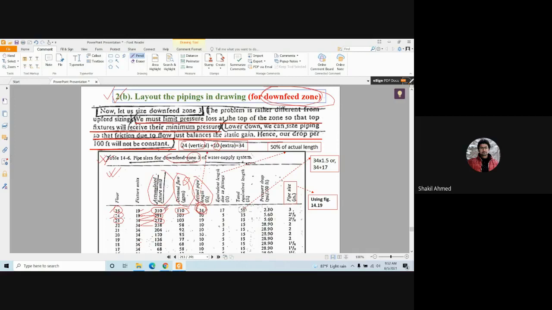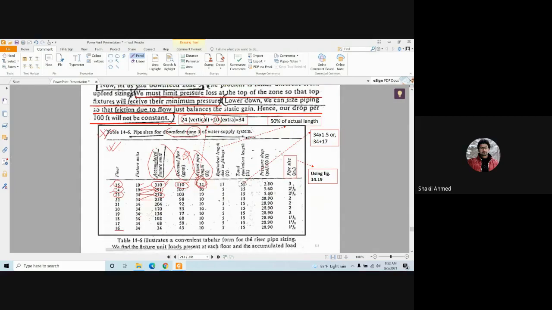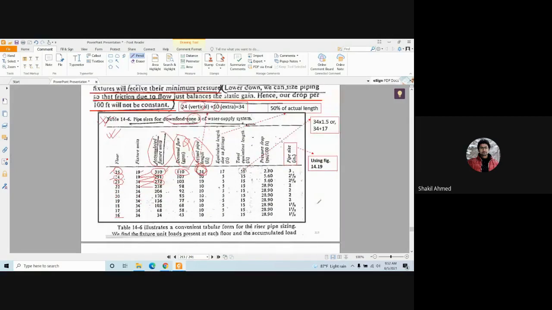Now, similar to the previous case, we will increase the length by adding the equivalent length to accommodate the frictional loss in the fittings and pipe, basically fittings and valves. So we will increase it by 50% again.